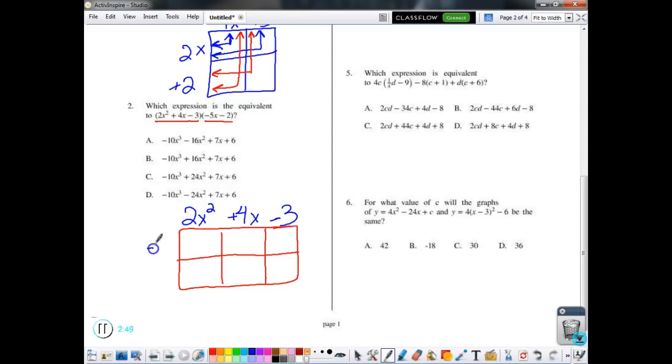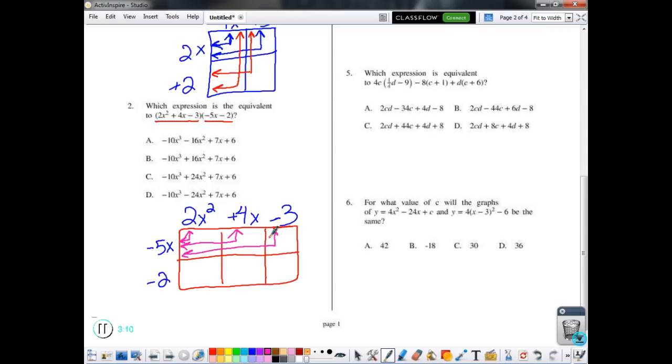And then this one would be negative 5x minus 2. And it's the same thing. This box you get from here. This one you get from these. And that one you get multiplying those two.